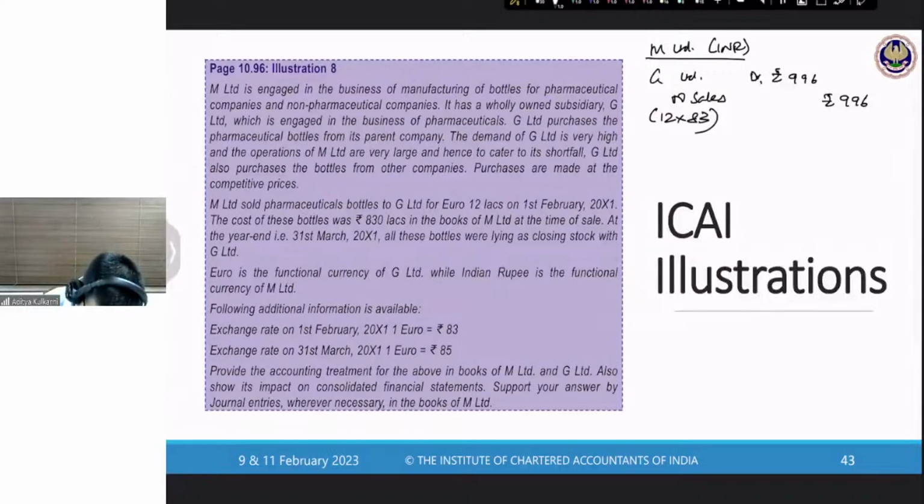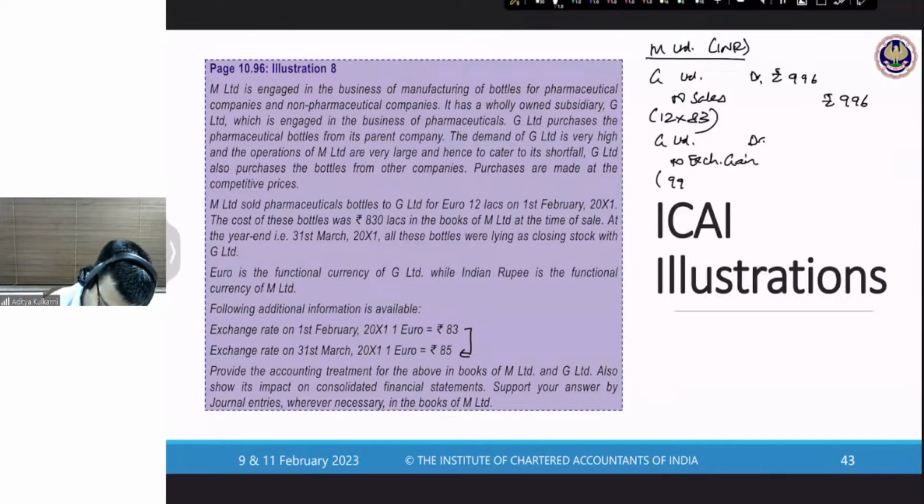Now 83 becomes 85. So will I have to record an exchange gain? Obviously I have to, because my sale is denominated in euros. So there will be an exchange gain. So the entry will be G Limited debit to exchange gain.